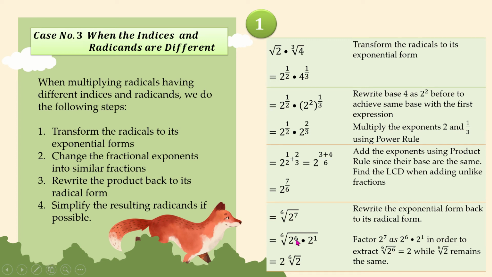To cancel the exponent 6 and index 6, 2 comes out. Cancel 6, 2 comes out. Then the exponent 1 is left. Since 1 is less than 6, it stays inside. So, we read our final answer as 2 times the 6th root of 2. Okay? So, move on to the next example of case number 3.